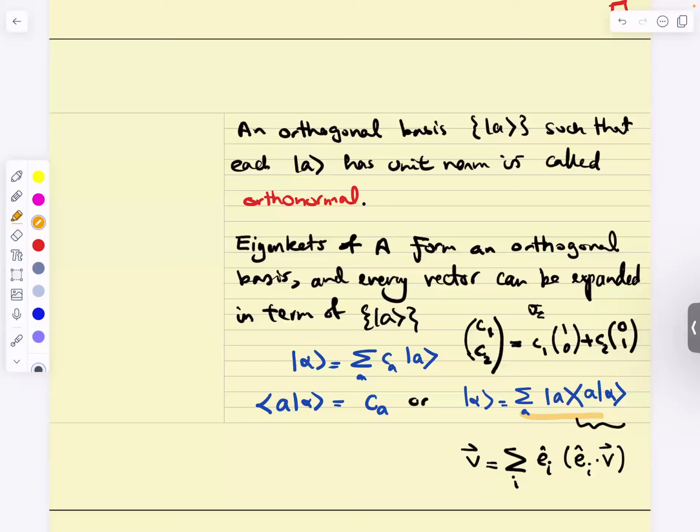I use that operator to define a basis. Now that I've defined the basis, I can expand an arbitrary vector in that basis. This might sound very formal, but I'm going to explain that in a second. The reason we do this is because we want to explain the idea of a measurement. So let me clarify.